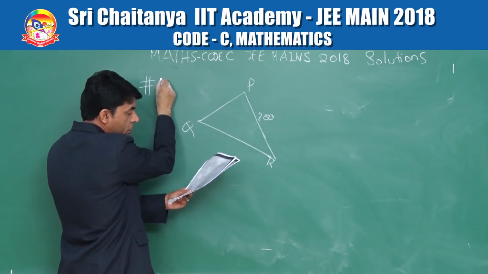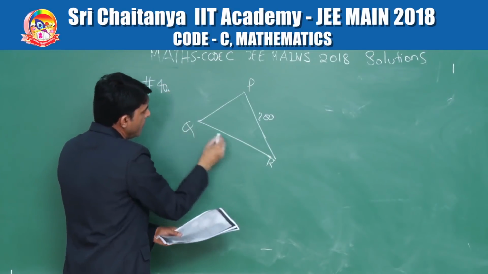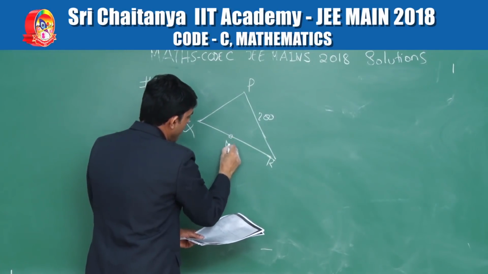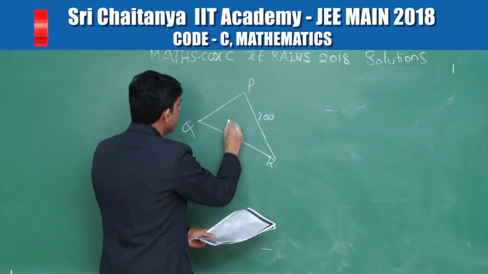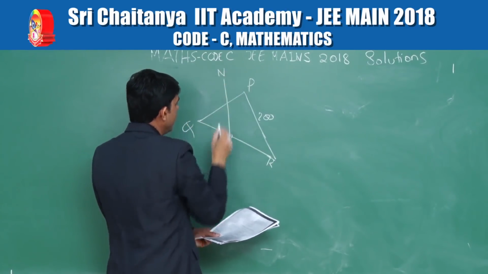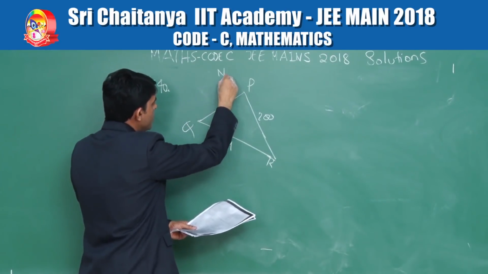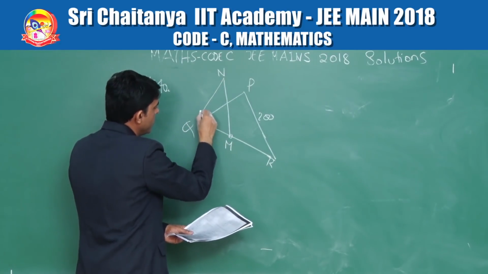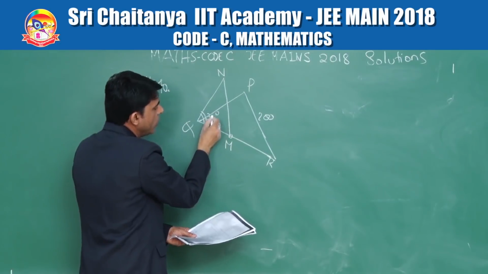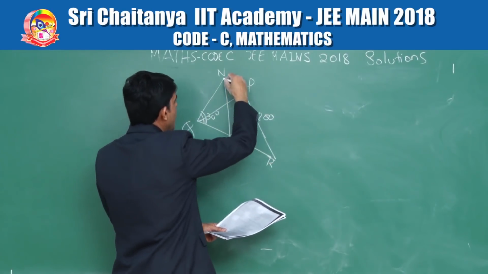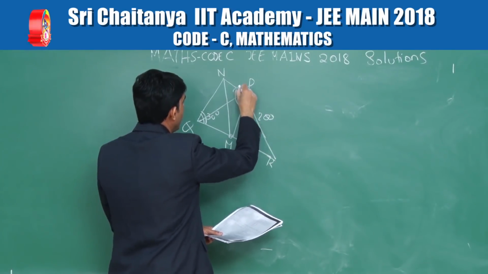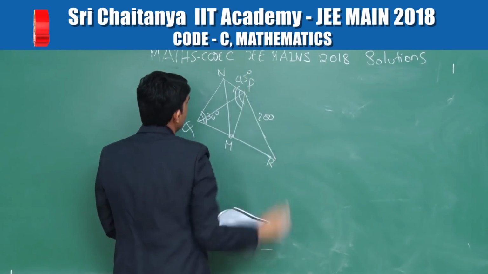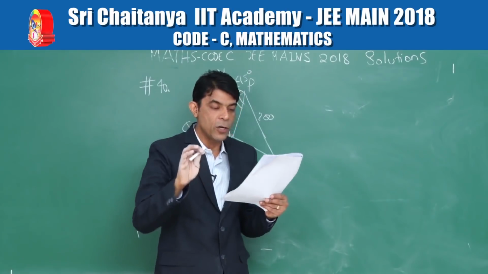So there is a tower at the midpoint of QR, and let's write this tower as MN. This tower subtends an angle of 30 degrees at Q as well as at R, and at P, that tower subtends an angle of 45 degrees. We are to calculate the height of the tower.